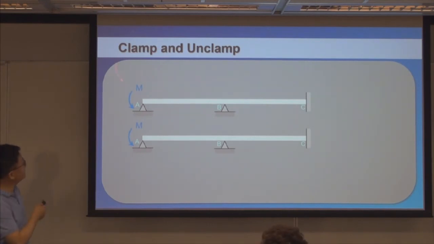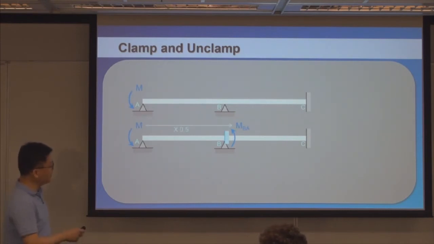Well, you can use the concept again called the clamped and unclamped approach. So what you can do is assume that this B is clamped. And because of this clamped assumption, you are allowed to carry over 1/2 to the other side. So that is 0.5 times A carried over to that side.